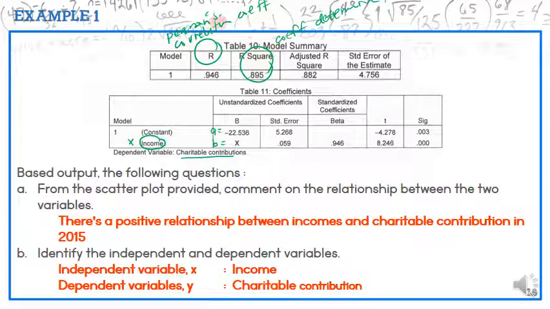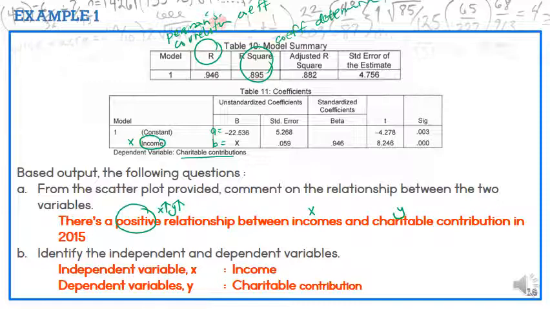So, you bagi tahu the direction. Why? Because we can see that as x increases, y tends to increase. Between these two variables, x is your income and y is your charitable contribution.